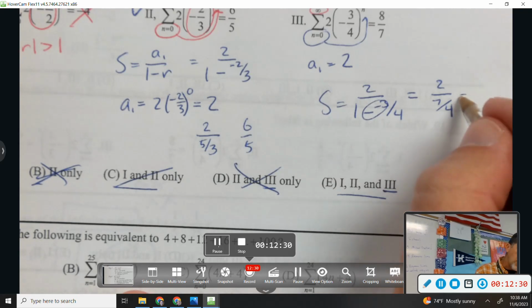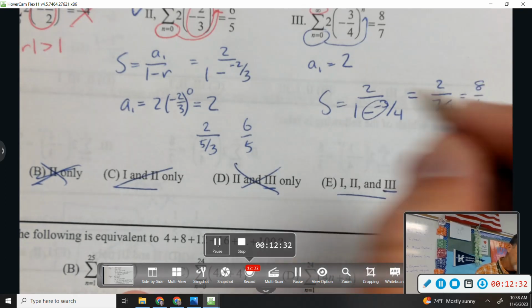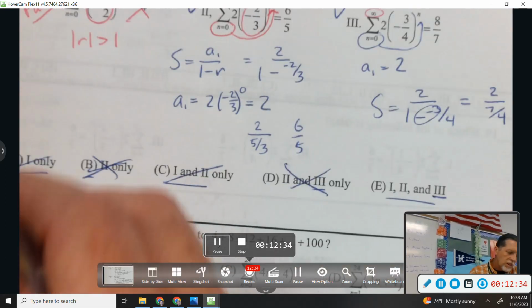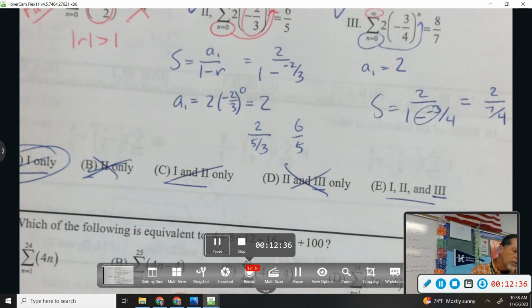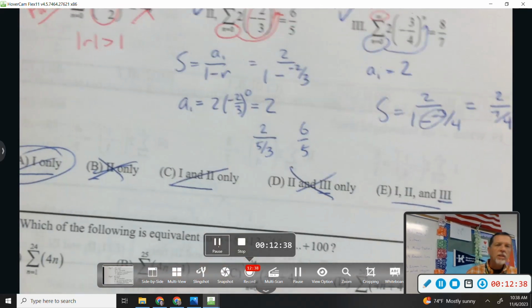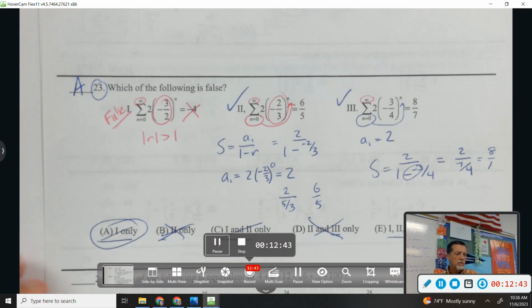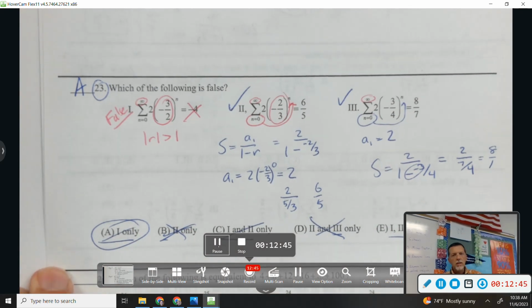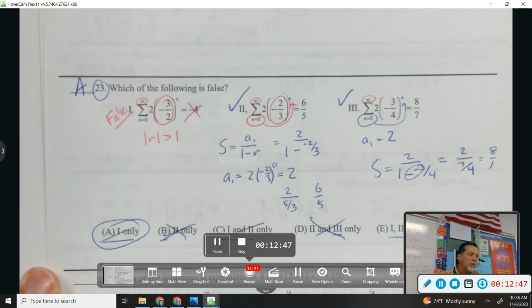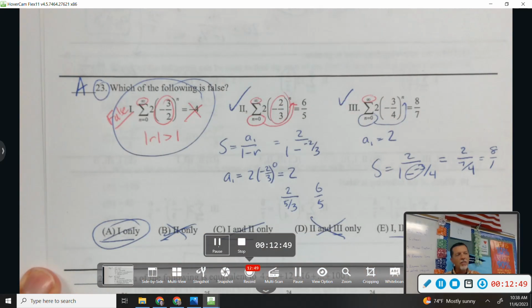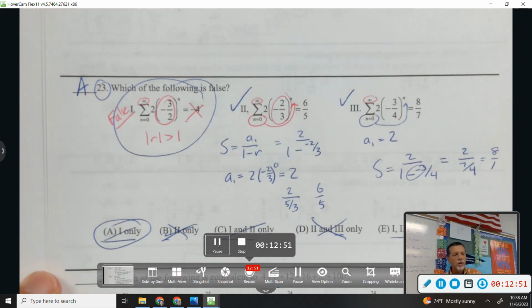That would be 8/7. So that one's true as well. So number 1 is the only false answer there. But really save some time when you recognize the r greater than 1 thing. That doesn't even work.